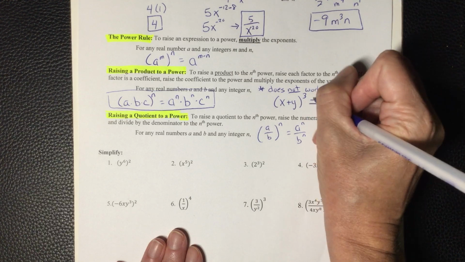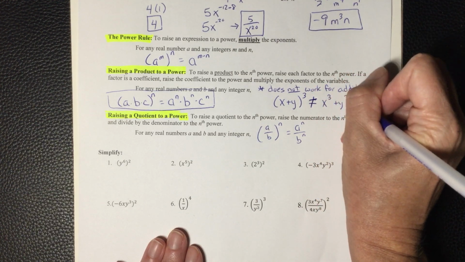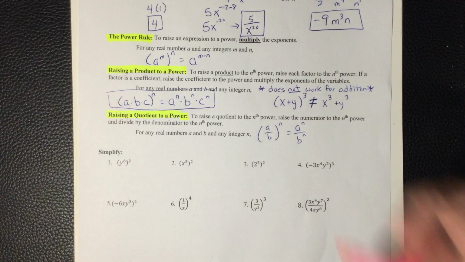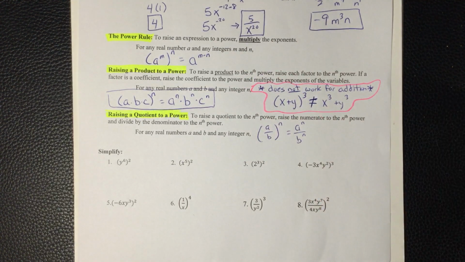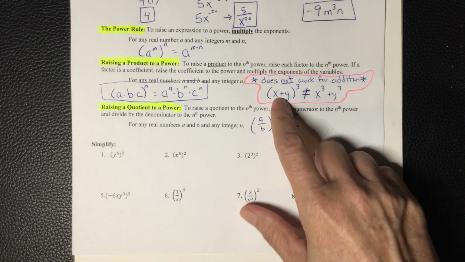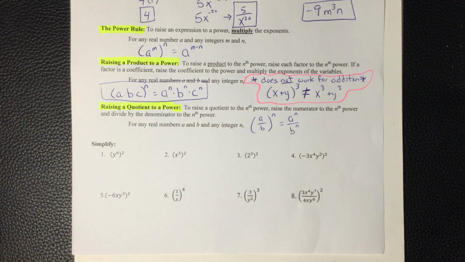That is not x to the third plus y to the third. Okay, so this is something that you need to be really careful of. It does have to be a product or a quotient. If we have any pluses or minuses in there, we would have to write this out 3 times and multiply it out. But there's not like a quick, easy way to do that.